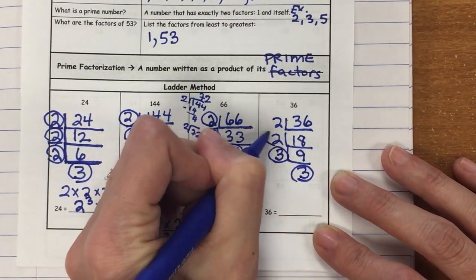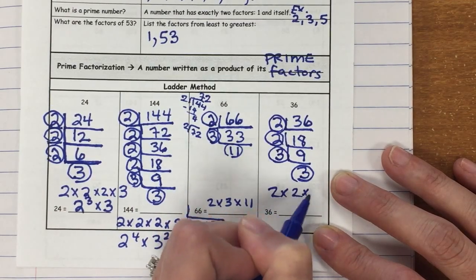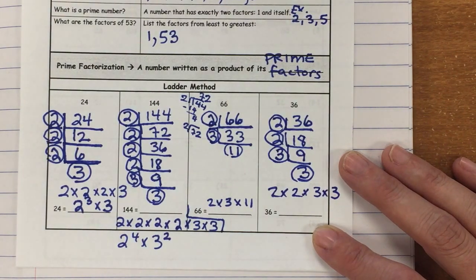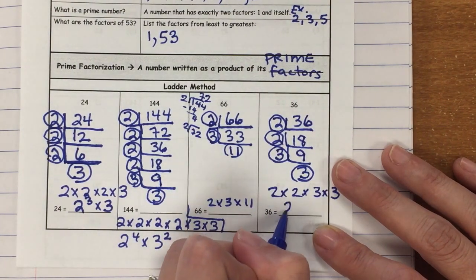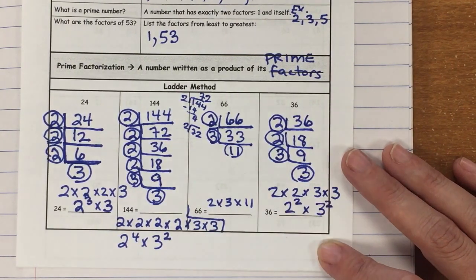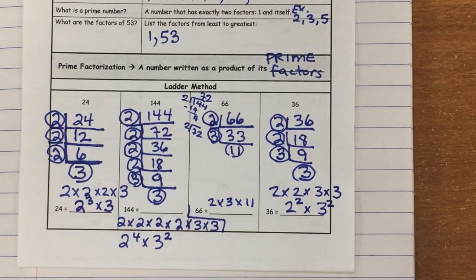Circle your prime numbers, and then write it out. 2 times 2 times 3 times 3, or 3 times 3 times 2 times 2. And I can write it exponentially, 2 to the second times 3 to the second, or 3 squared. So 2 to the second times 3 squared is going to give me 36. That's how I know I did it correctly.